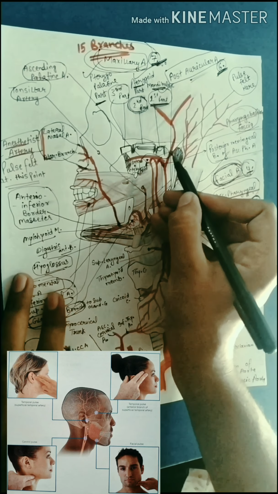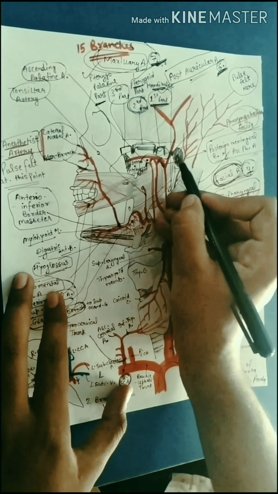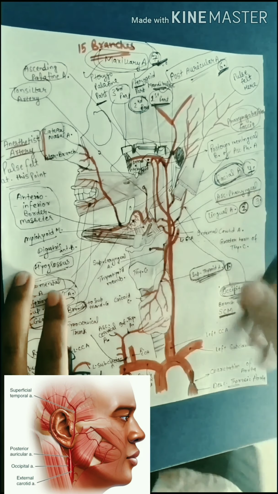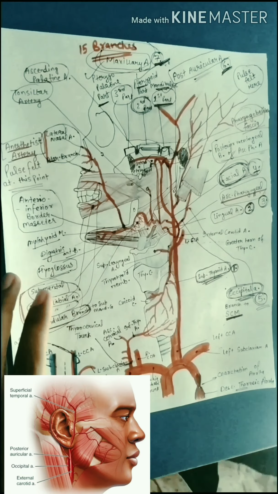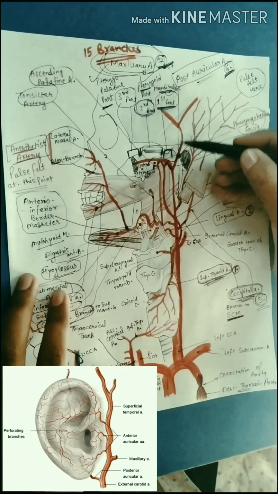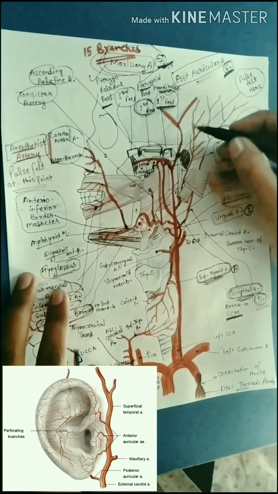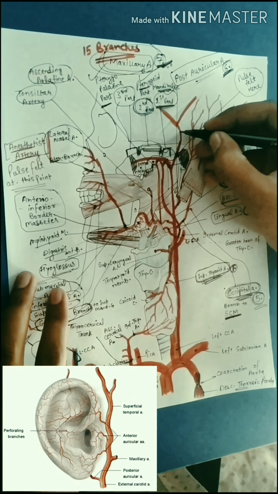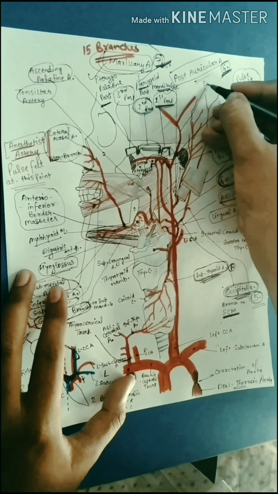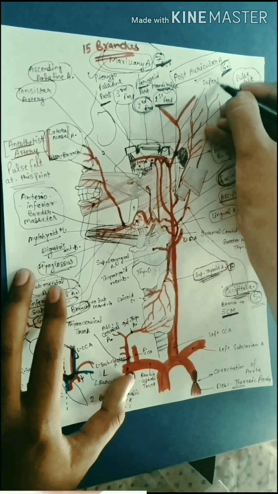About 5 centimeters above the zygoma, it divides into anterior and posterior branches. Pulsation is felt over here, and the anterior external auditory meatus is supplied by this superficial temporal artery.